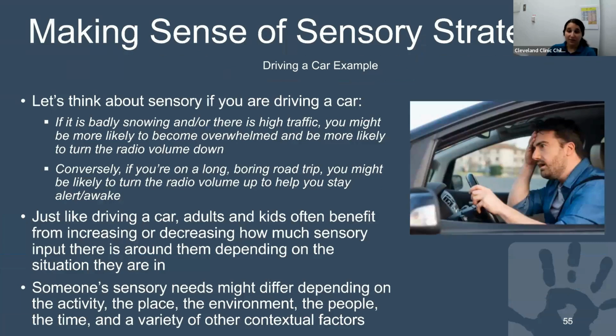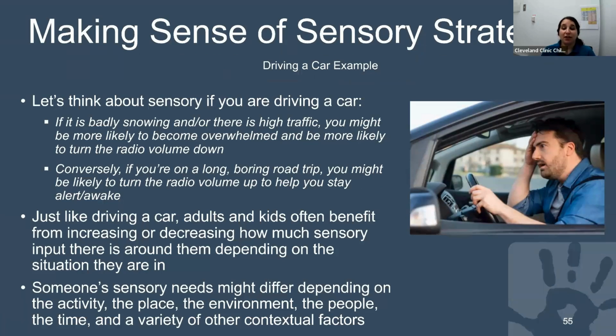One other way to think about sensory is if you're driving a car, if it was snowing really badly or if there's high traffic, some adults might be more likely to turn the radio down. Some might also turn the radio up, depends on the person. But if it's the opposite and you're on a really long, boring road trip, you might turn the volume up to help yourself stay alert.